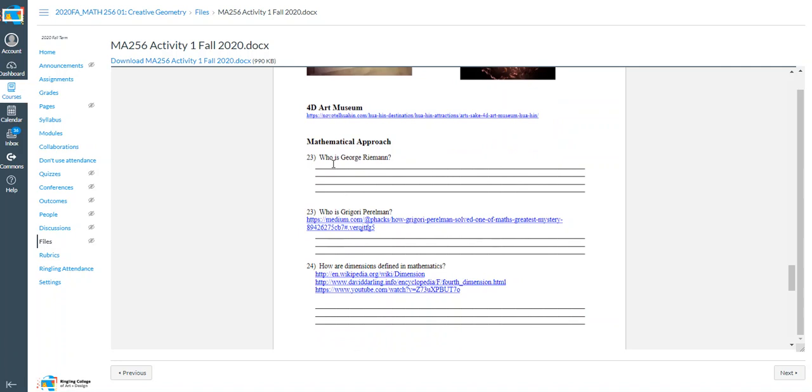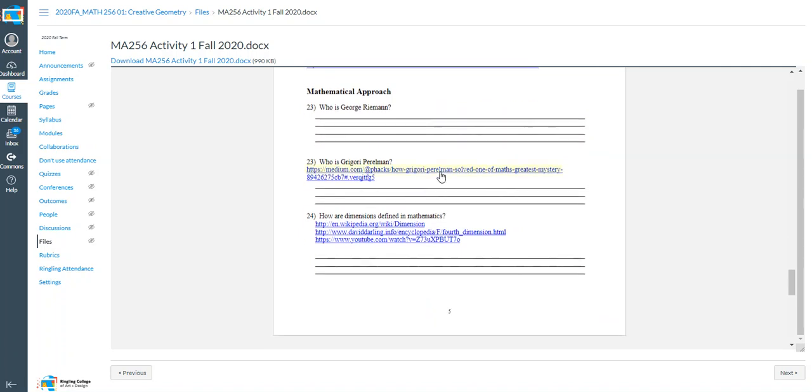Riemann talked about the math approach, and we talked about how Perelman solved a very important fourth dimensional theorem. So mathematically, we can show that, yes, from a math standpoint, there really are higher dimensions.